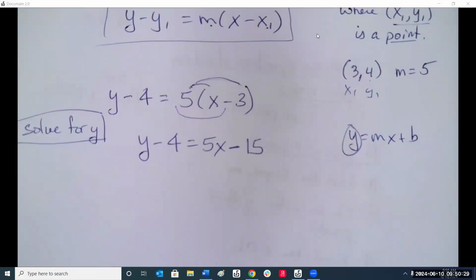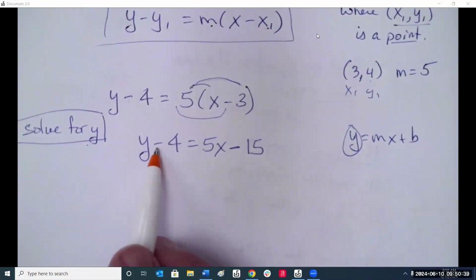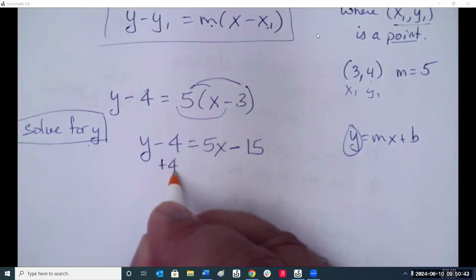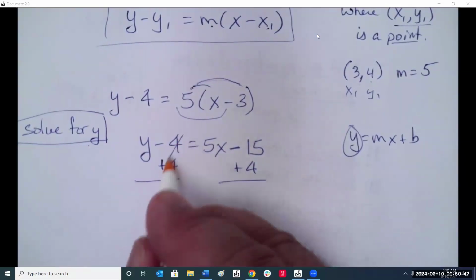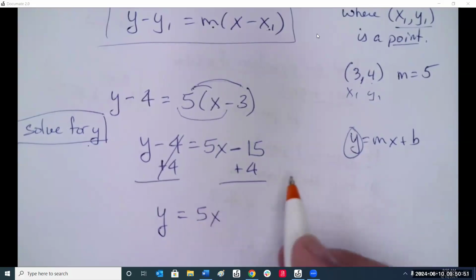Treat the numbers and the signs differently. We're solving for y. What do we have to get rid of now? The negative 4. How do we do that? Add 4 to both sides. y equals 5x.